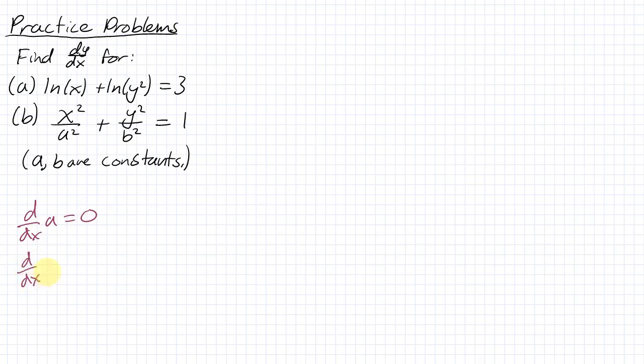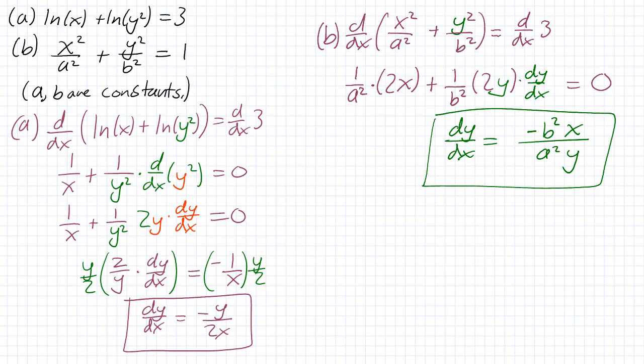When taking the derivative of y, the derivative is dy over dx, and when taking the derivative of x with respect to x, it's 1. So these really are 3 different kinds of things. I'm going to pause it now and try these problems. The answers will appear in 3, 2, 1.